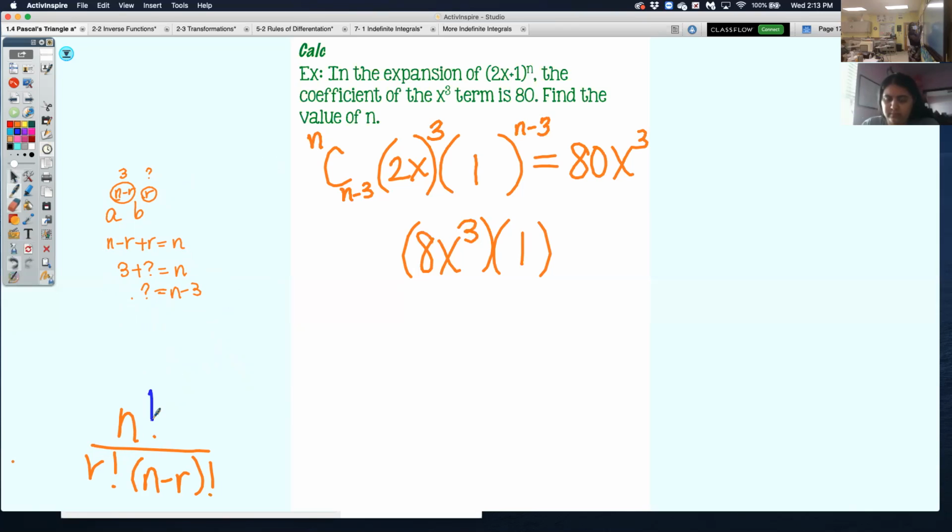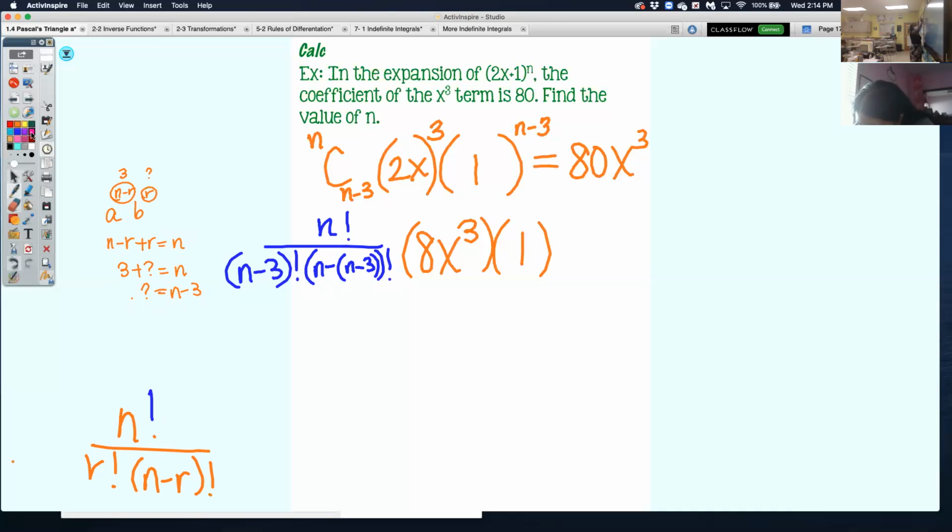So this is going to be n factorial all over, what's r in this problem? n minus 3. Then I'm going to do n minus r factorial.